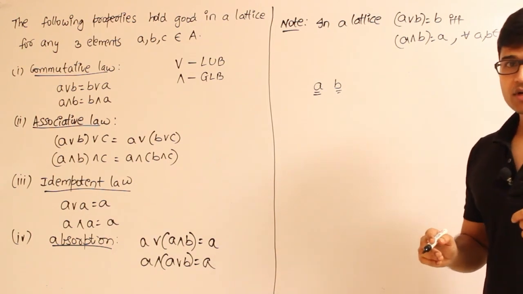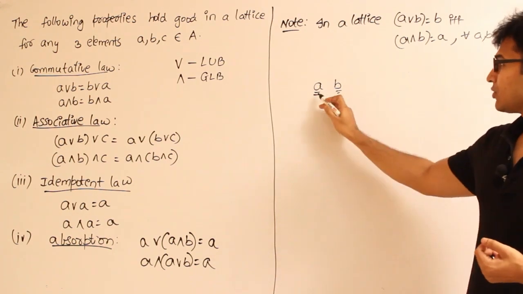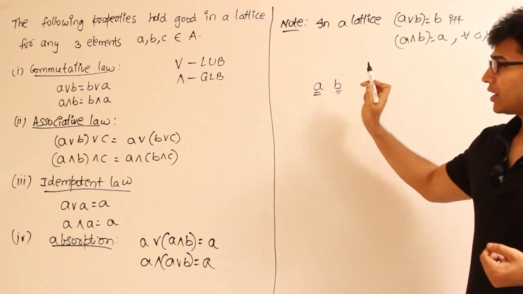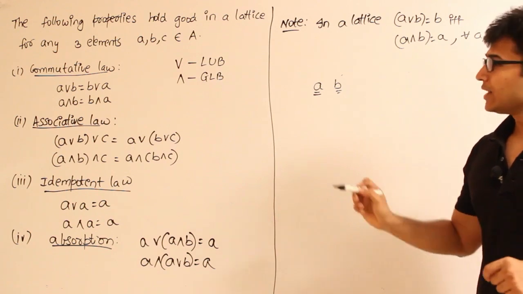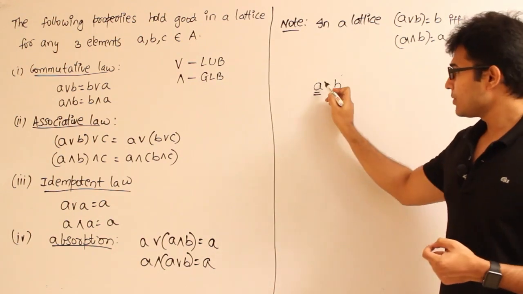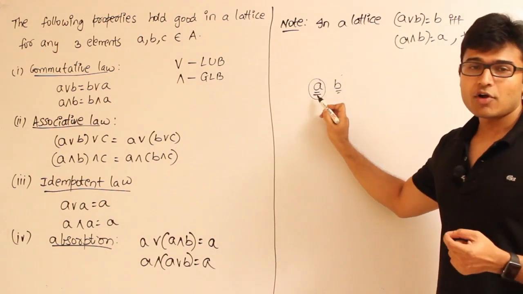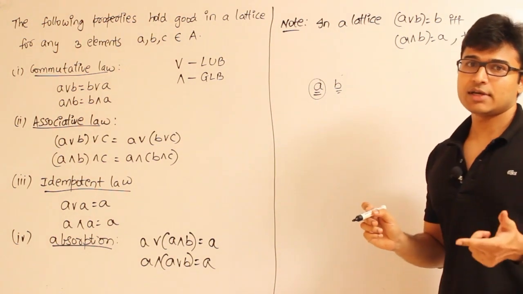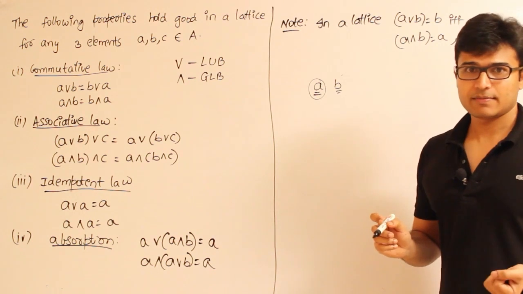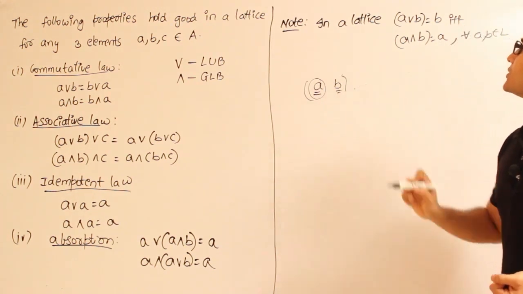Got it? It is not true that every time I take two elements, one of them has to be the least upper bound and the other the greatest lower bound. No, I'm not saying that. In case it so happens that one of them is the least upper bound or the greatest lower bound, then the remaining one will be the greatest lower bound or the least upper bound, and vice versa. Got it? So that is the meaning of this.